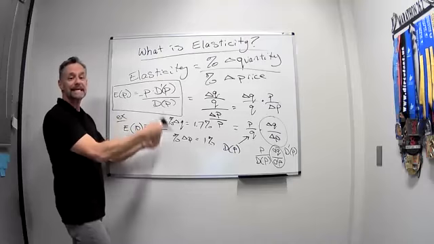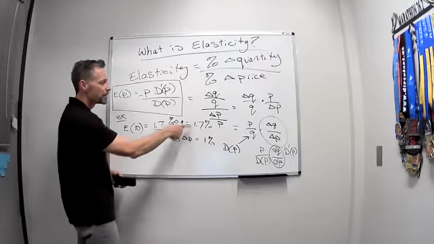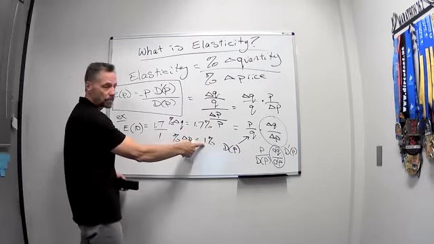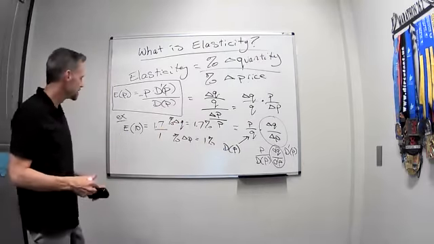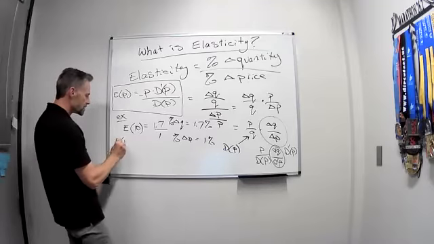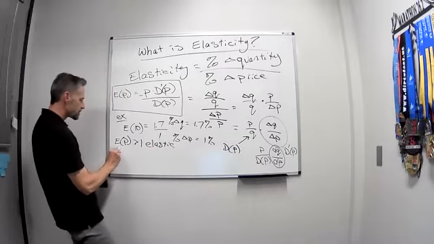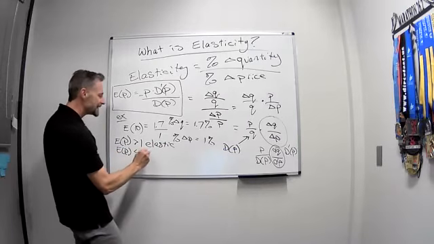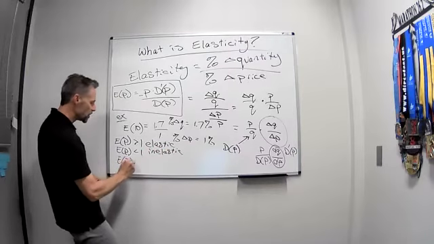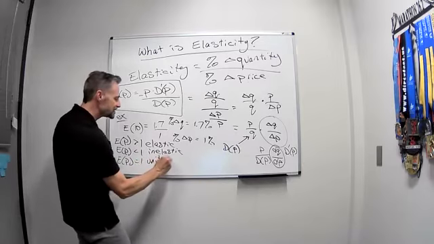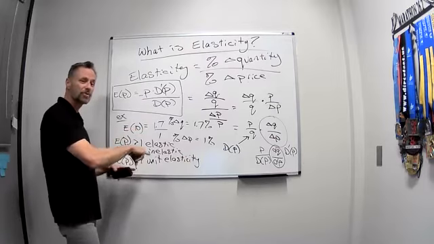That would say, oh, we're elastic. Elastic is anytime we're over 1. But remember, these are going in opposite directions. If price goes up 1%, quantity demanded is going to go down about 1.7%. It's elastic. If E of P is greater than 1, we're elastic. If E of P is less than 1, we're inelastic. And if E of P equals 1, we're at unit elasticity. And that's actually where revenue is maximized.